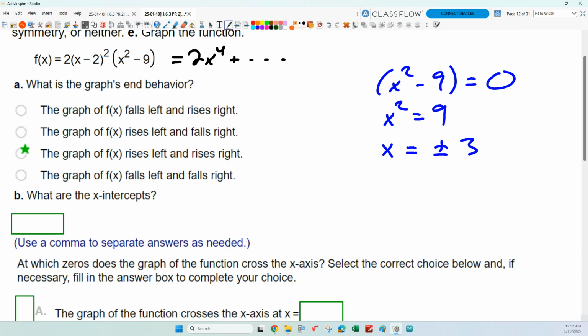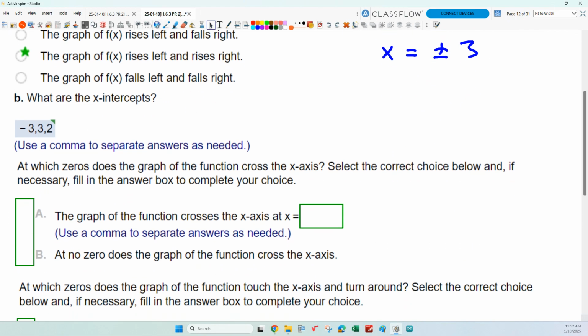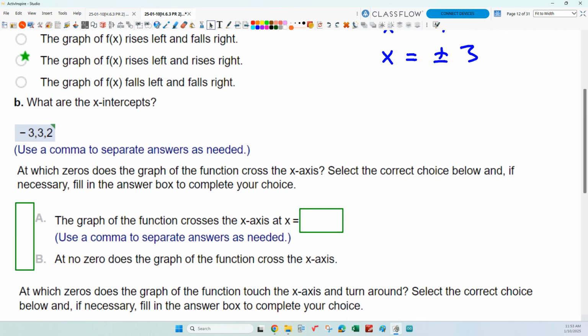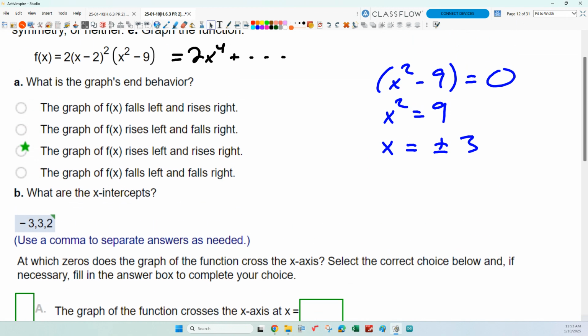So I get a total of, again, I'm jumping ahead. We'll review all this stuff, right? The x-intercepts are 3 of them. So where does the graph cut through the x-axis? At which x-intercepts?